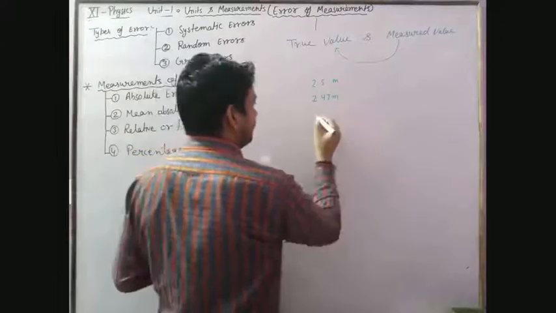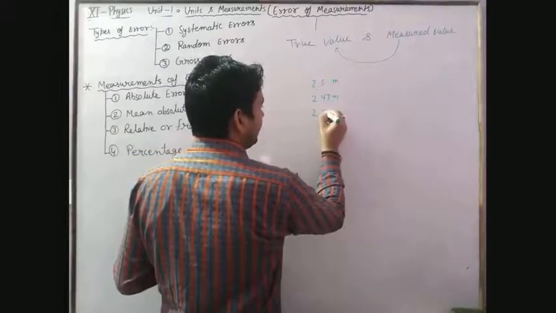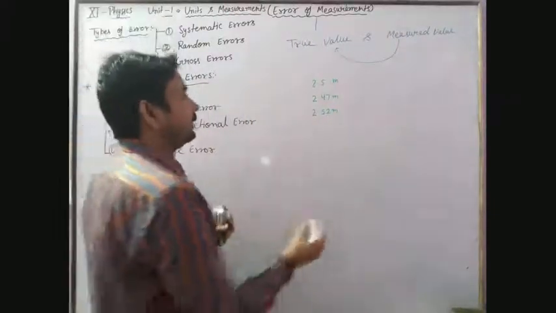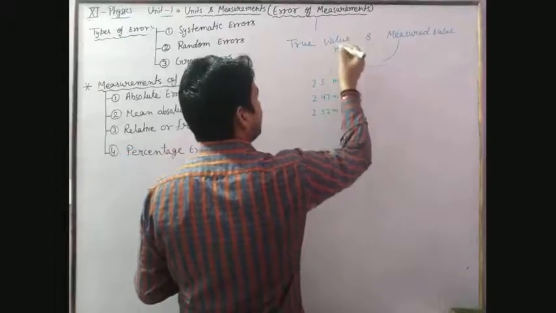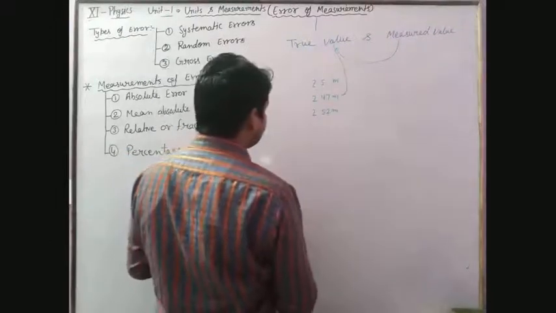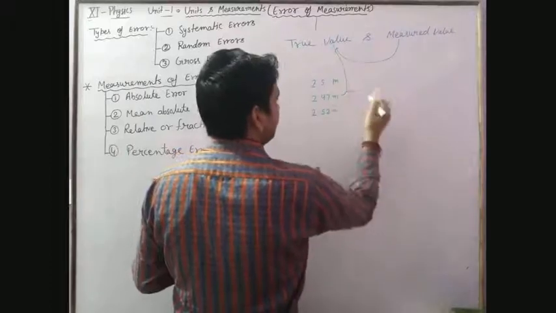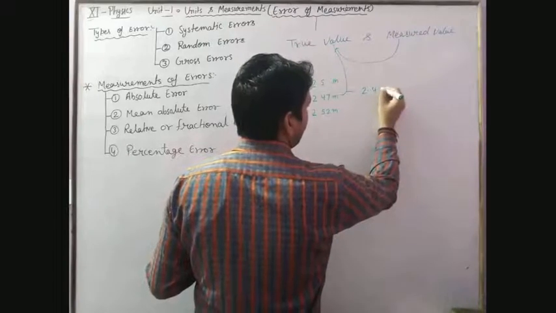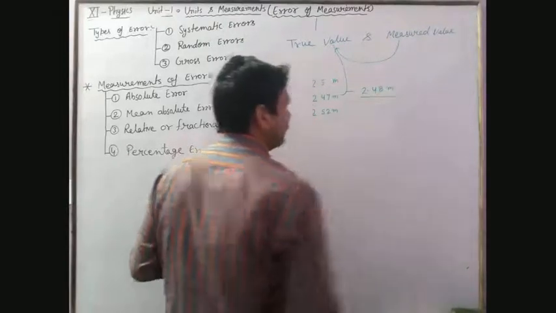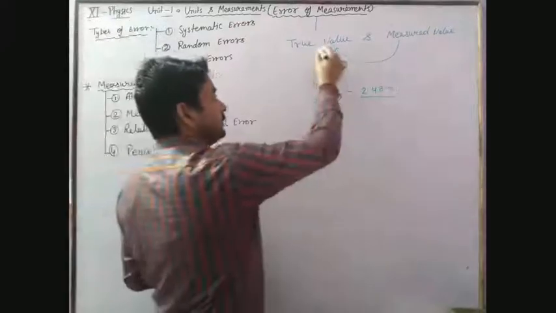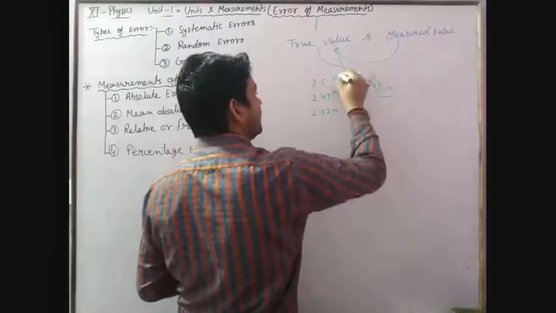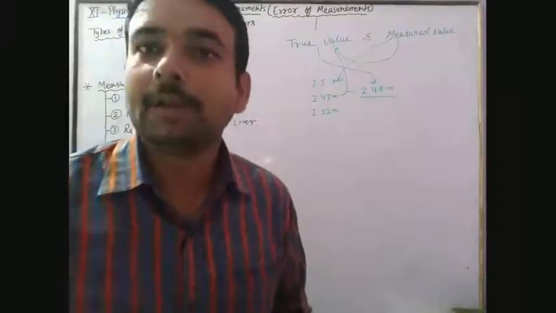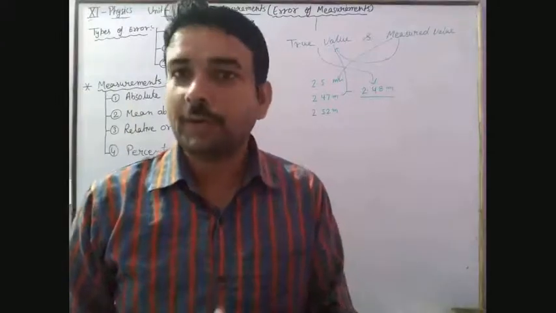Another measures it as 2.52 meter, and the actual length of the thread is 2.48 meter. So you can easily observe that this is the true value and these are the measured values, which means we measured the quantity very near to its true value.